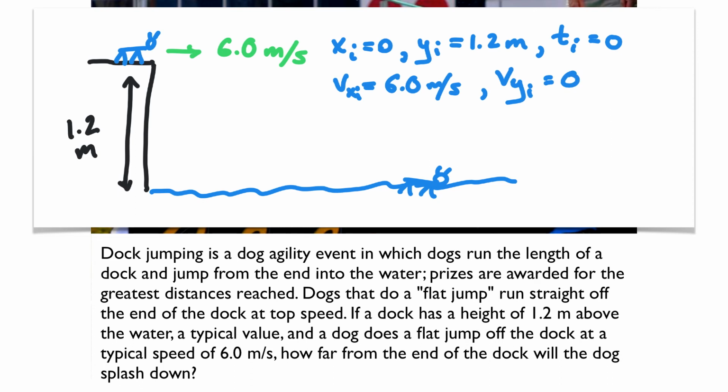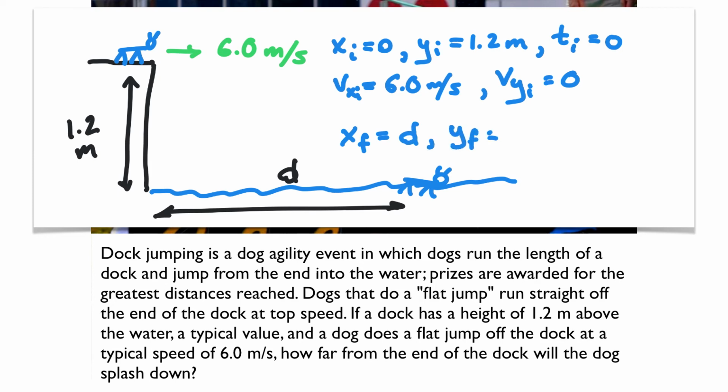Now at the end of the problem, when the dog has splashed down, let's call this distance d. That's how far the dog is from the dock when it splashes down. At the end, the x position is equal to d. The y position is equal to 0. The time we don't know.